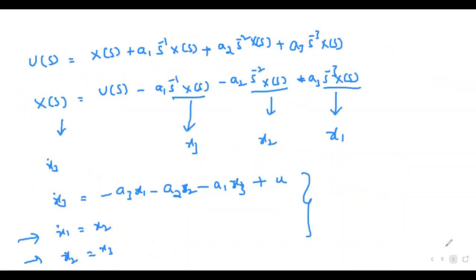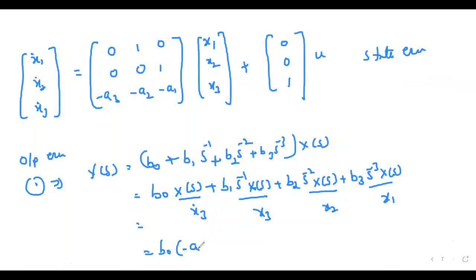Minus a3 x1 minus a2 x2 minus a1 x3 plus u. Right. Done. Then next, b1 into x3 plus b2 into x2 plus b3 into x1. Pallavi, can you simplify this? Take common x1, something into x1 plus something into x2 plus something into x3, remaining u terms. Please simplify and tell me.